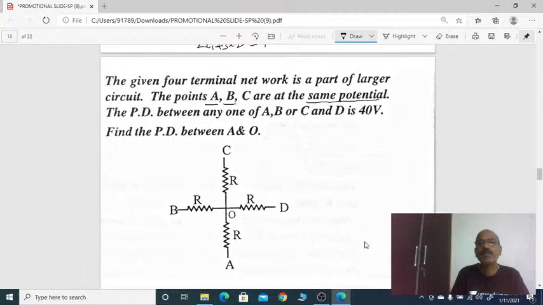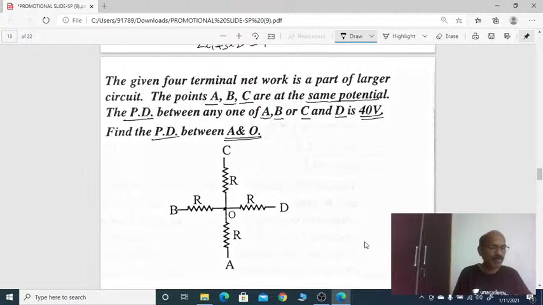The points A, B, C all same potential. The potential difference between any one of A, B, C and D is 40. Any one. Right? Find the potential difference between A and O. See that clearly.